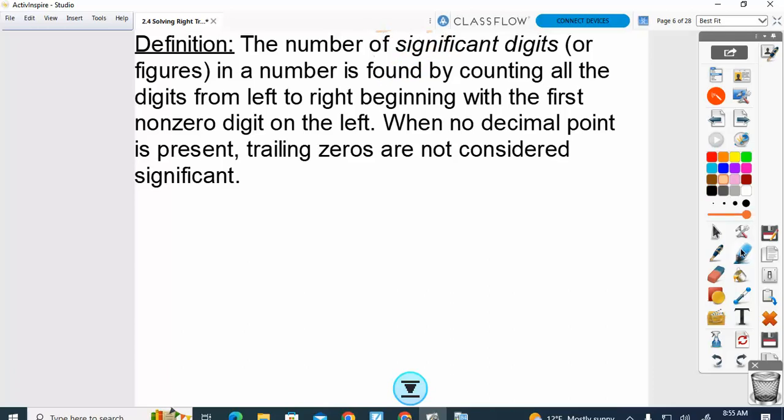I know Mrs. Delacourt does significant digits, and our rules are just slightly different than a couple of the things she does. We count all the digits from left to right, beginning with the first non-zero digit on the left. So you start on the left, the first digit that isn't zero, and count there. If there is no decimal point, we do not count the trailing zeros.